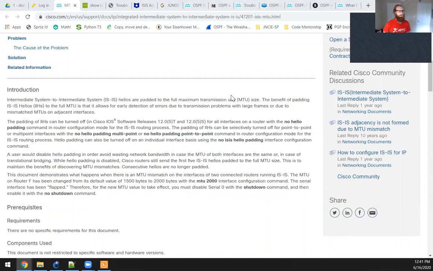A user would disable hello padding in order to avoid wasting network bandwidth in case the MTU of both interfaces are the same, or in case of translational bridging. While hello padding is disabled, Cisco routers still send the first 5 ISIS hellos padded to full MTU size. This is to maintain the benefits of discovering MTU mismatches. Consecutive hellos are no longer padded. This document demonstrates what happens when there is an MTU mismatch.